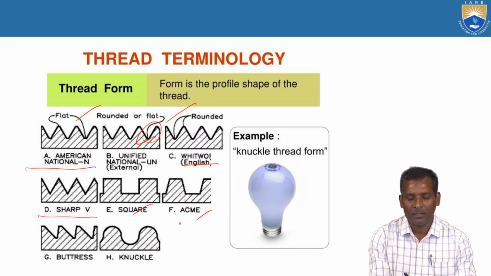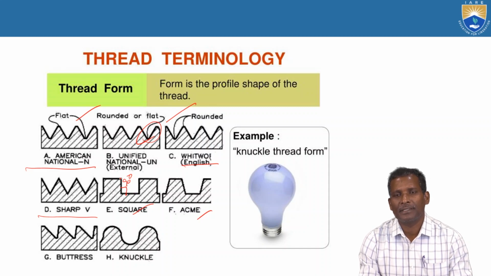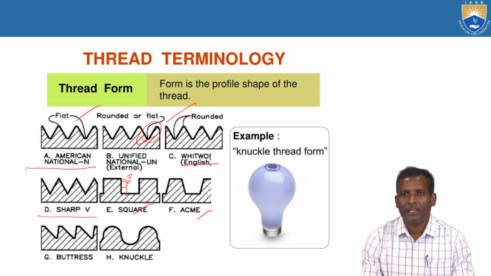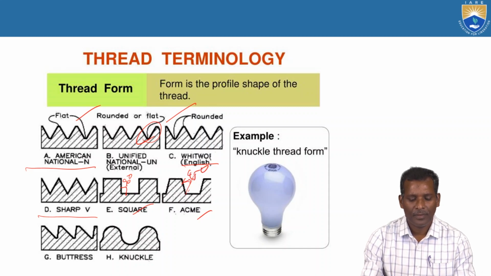So in the square thread, the angle is perpendicular, 90 degrees. But in the acme thread, the angle is 45. In the buttress thread, 60.